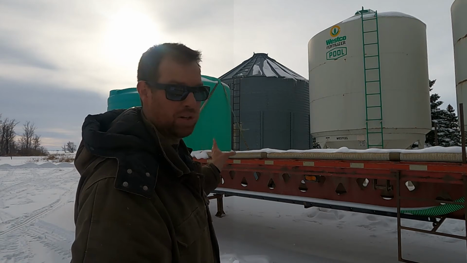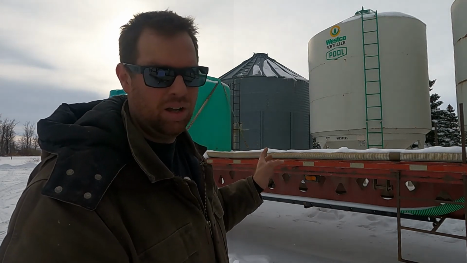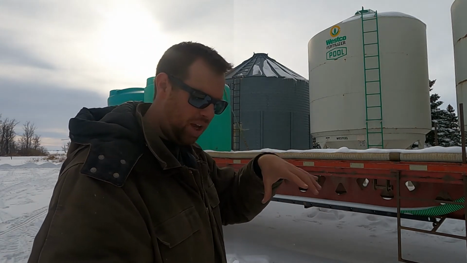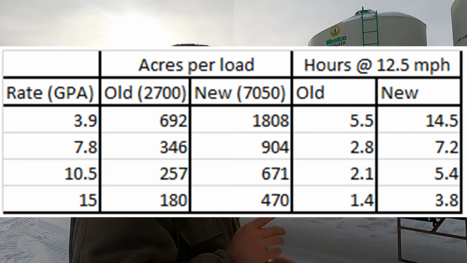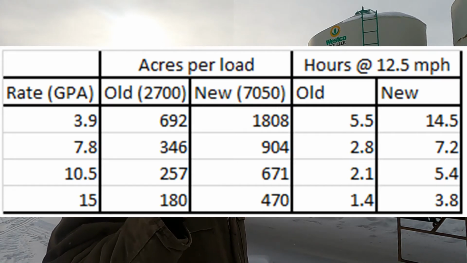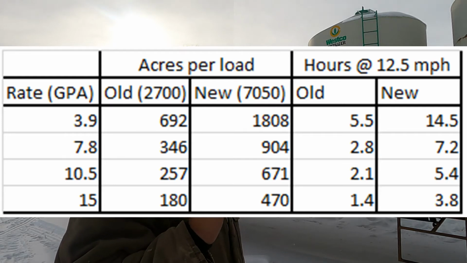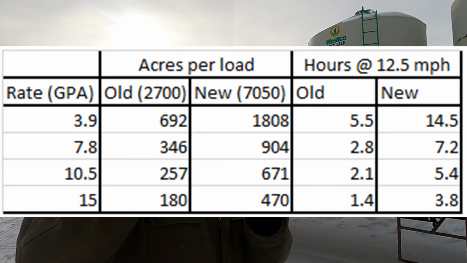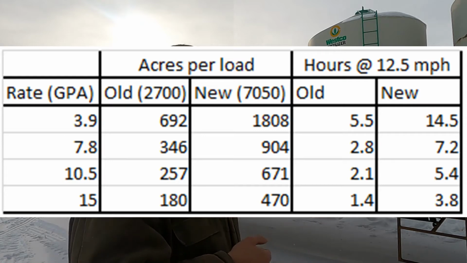So I've got 4 times the water. I could easily haul 4 times the chemical. And I could put this in a central location. I don't have to worry about running out of water every 2 hours, because I would actually have 14.5 hours' worth of water without it filling. And I should clarify, the old tender is going to have 2,700 gallons of usable water, because there's usually about 100 gallons in the bottom that doesn't get sucked out, because these aren't bottom drain tanks.